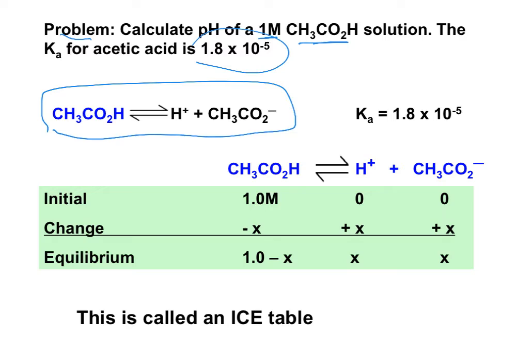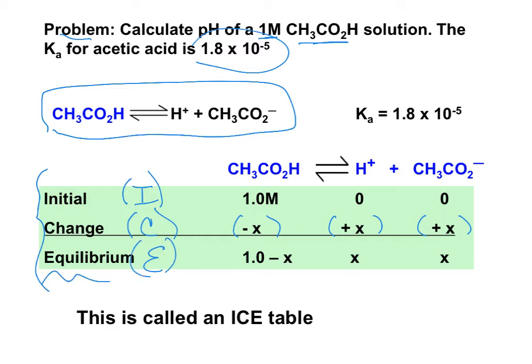And so this in green is the ICE table. I stands for initial concentrations of all of the components. C stands for change, and that's how the initial concentrations are going to change during the reaction. And E is the equilibrium or final concentration of each of the components.